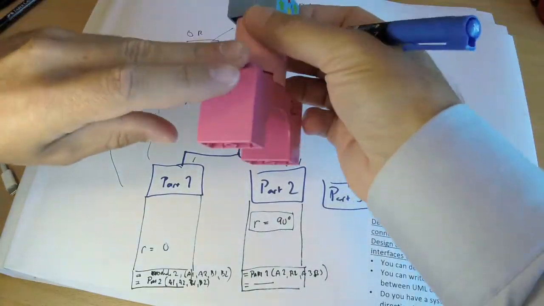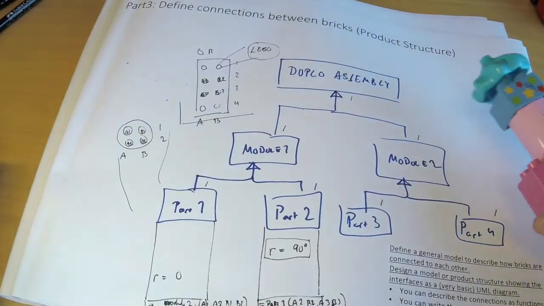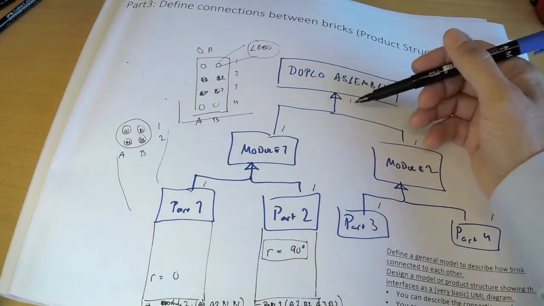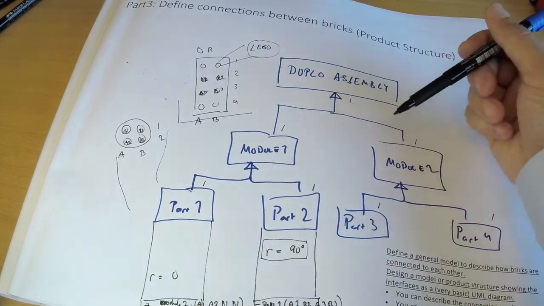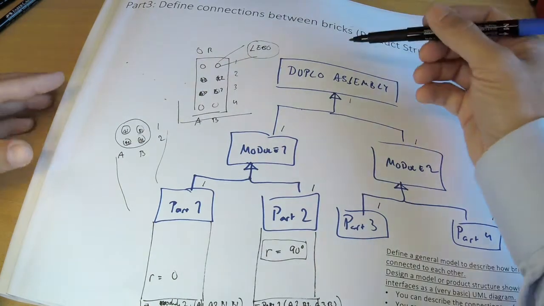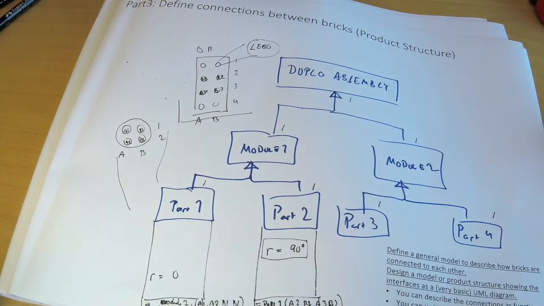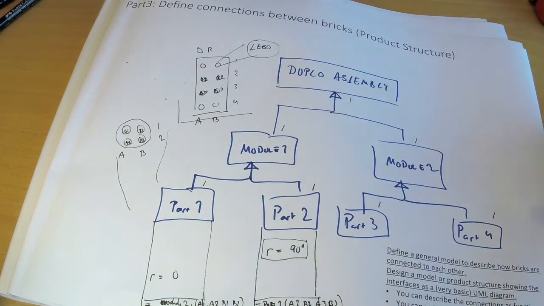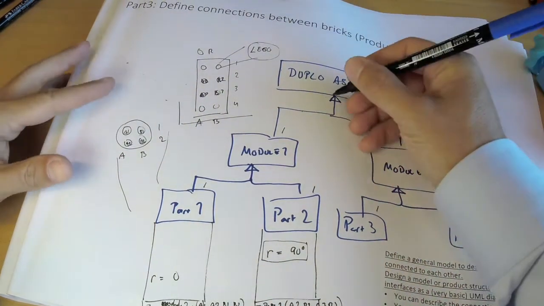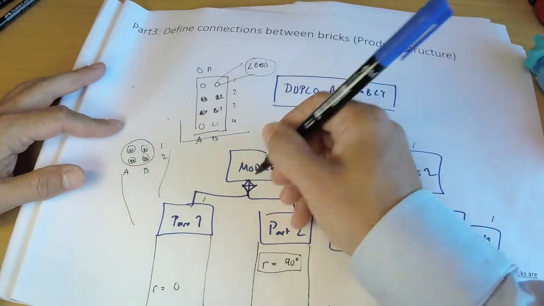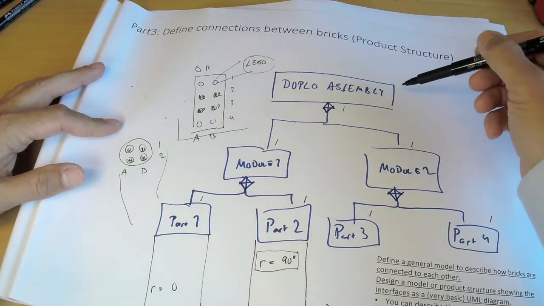Just to finish up this lecture, for you who have been observant, this is of course not going to be the superclass to subclass connection, but it's going to be the whole to the part, which I said in the lecture. If it is a product structure like this, the diamond shape is the thing to use, which basically means that this is the whole and this is the part.